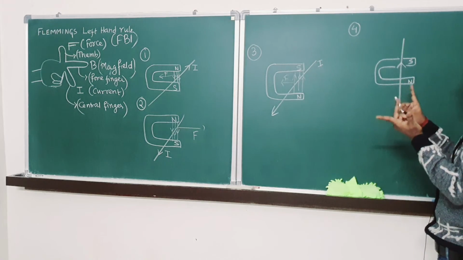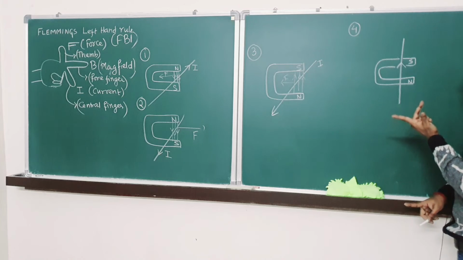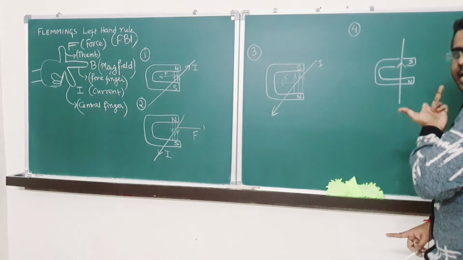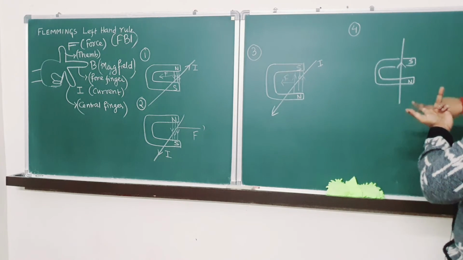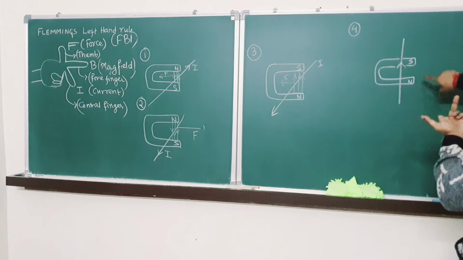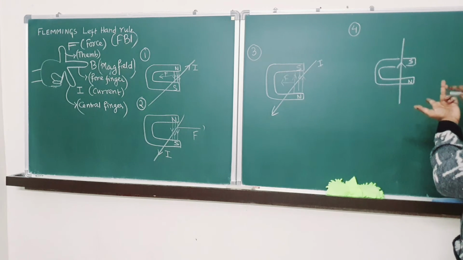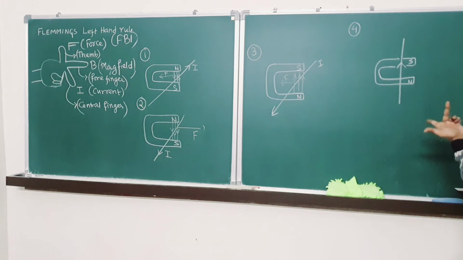And my magnetic field is in my forefinger. Okay, so my forefinger at this moment has to go like this, correct? Forefinger goes this way, because north pole to south pole magnetic field is through this board, and this is my current. Force negative x axis, right?